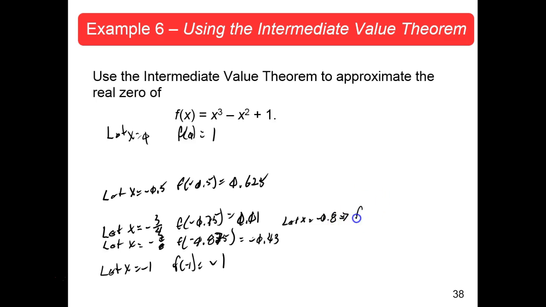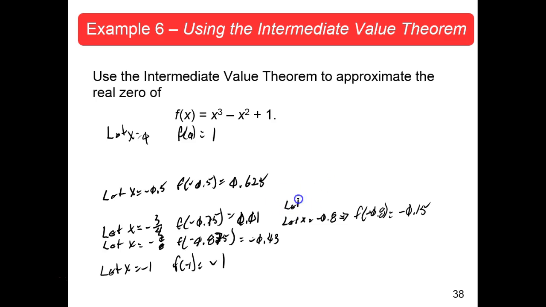Then f of negative 0.8 is negative 0.15. Okay, so it's still something between negative 0.75 and negative 0.8, and it looks like it's closer to negative 0.75. So what do you want to try? Negative 0.76 maybe? Okay?